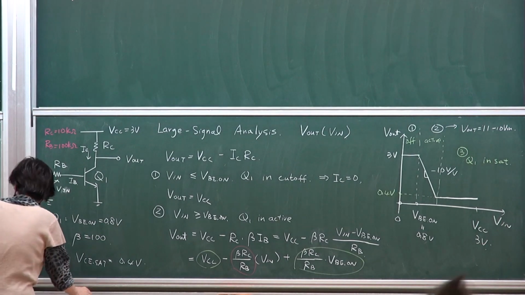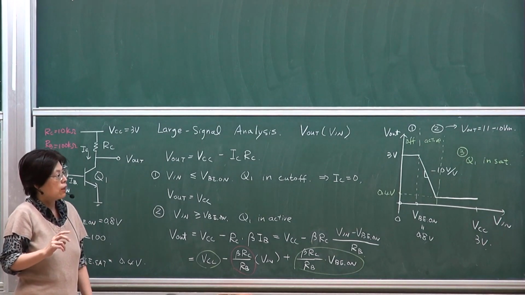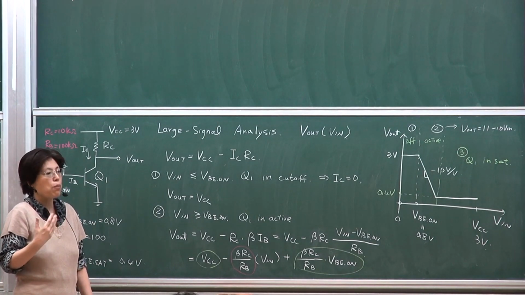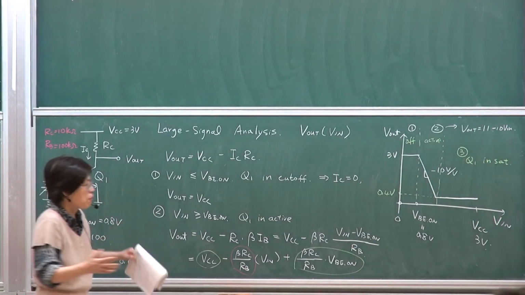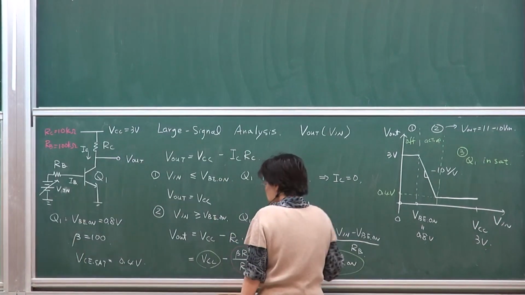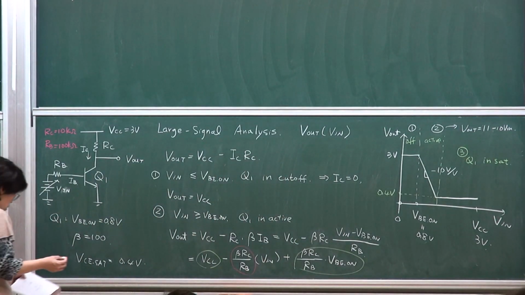So what are the important parameters in this overall transfer characteristic? There's basically 2 important pieces of information. One is, how much can I move in order not to move out of the active stage? This is called the input voltage range.